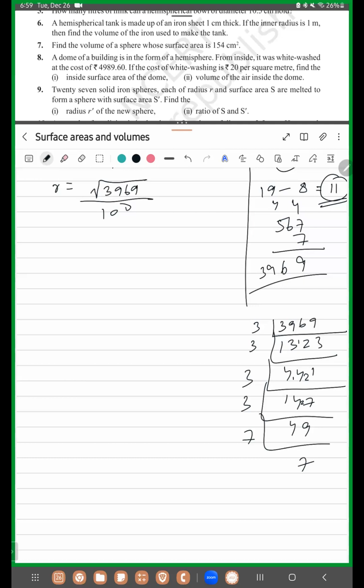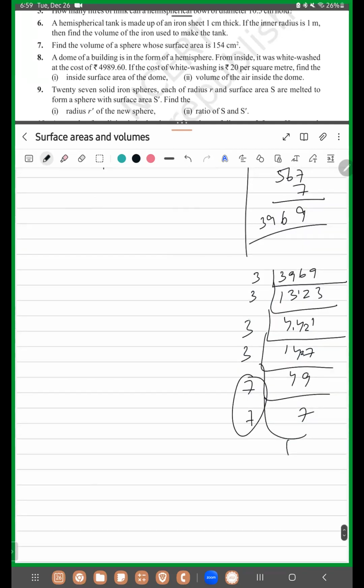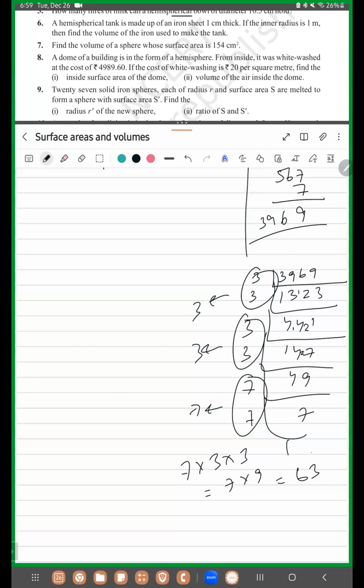So we have 7 into 3 into 3, which is 7 into 9, which is 63.